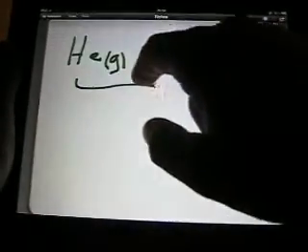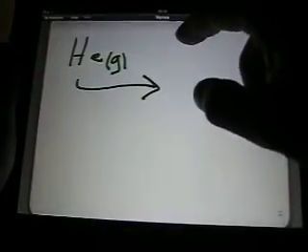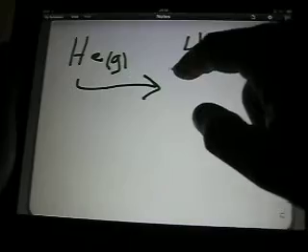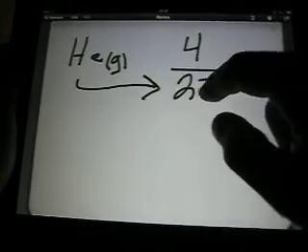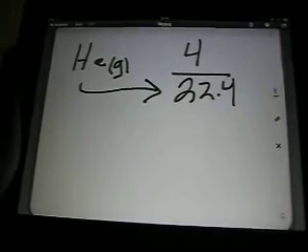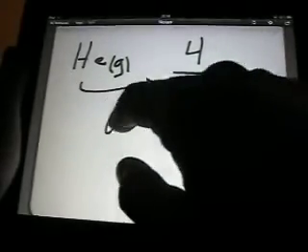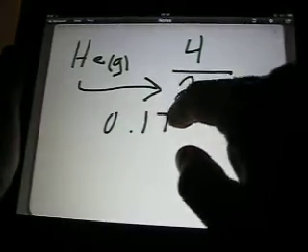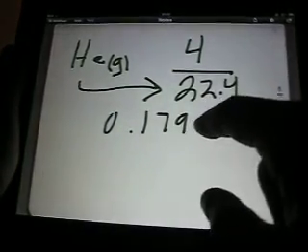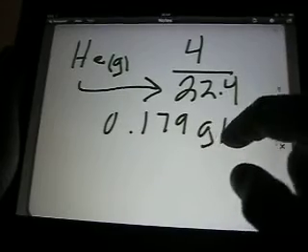So in that case, we simply plug in the atomic mass for helium, which is 4, divided by 22.4. And that should give us 0.179, rounding to 3 significant digits, grams per liter.